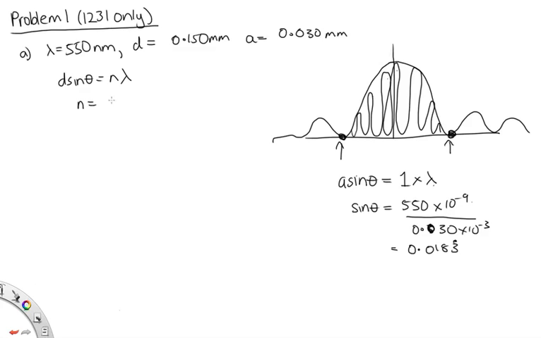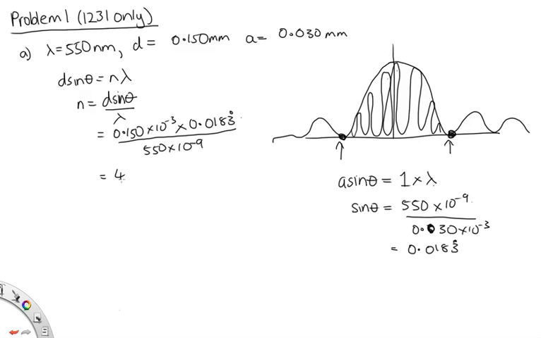So n is equal to d sine theta over lambda, which is equal to 0.150 times 10 to the minus 3 times sine theta, which we've got over here, 0.0183 repeater, over 550 times 10 to the minus 9. Solving that, we end up with 4.9999.